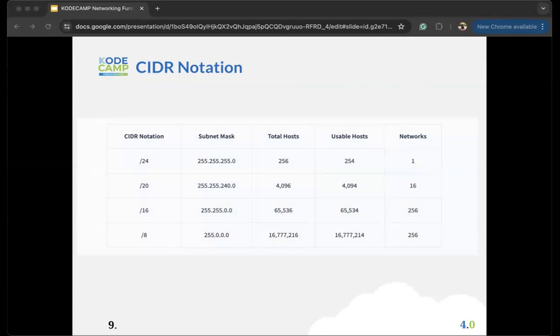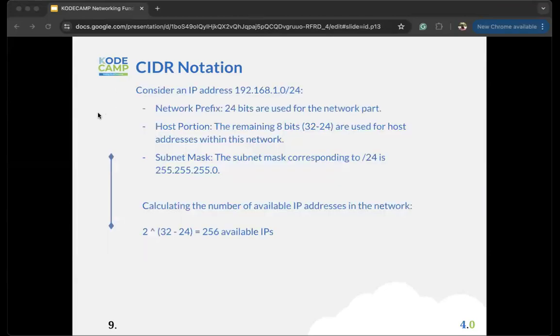So now, a way to determine the number of hosts in a network, say in your subnetwork, is raising 2 to the value of the host portion. That will give you the number of available addresses for the hosts, right?